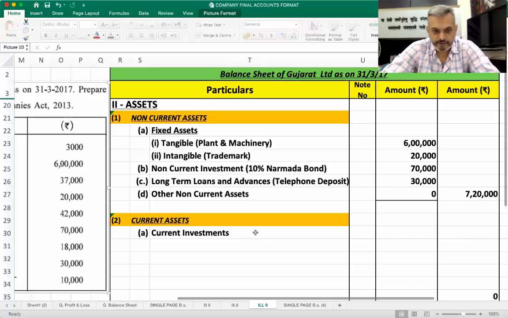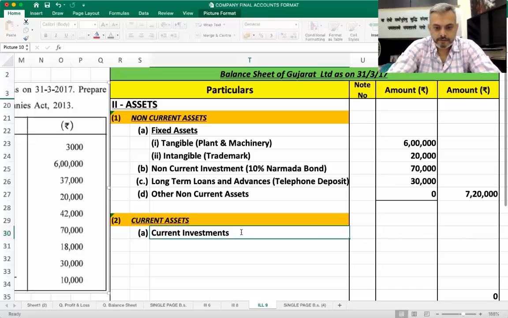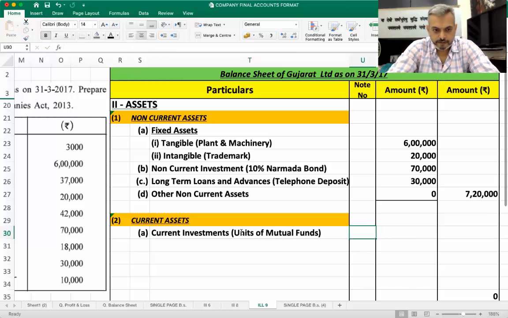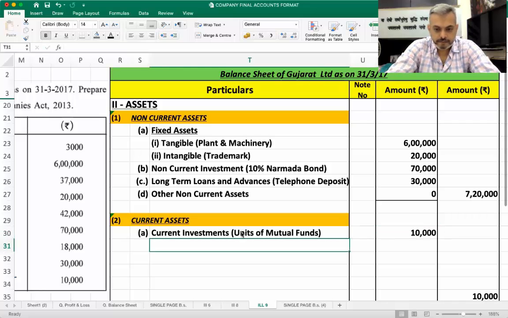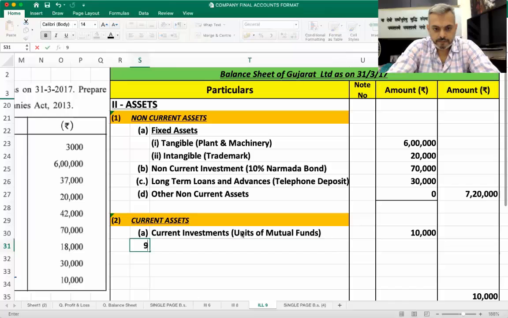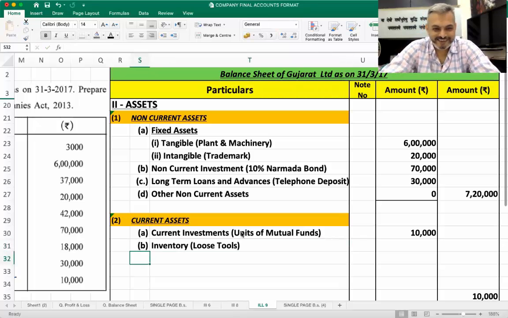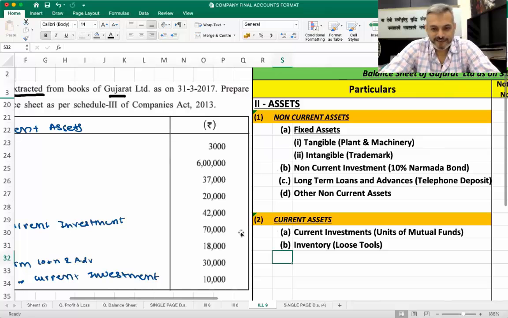So current investment, units of mutual funds, 10,000. Inventory, we have loose tools. Means in the inventory there are loose tools. Okay, loose tools 80,000.